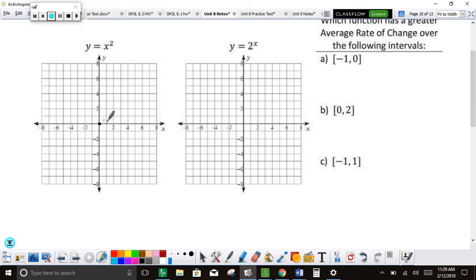And then over 2 over 3, 9. Take off the color. Not anything there.